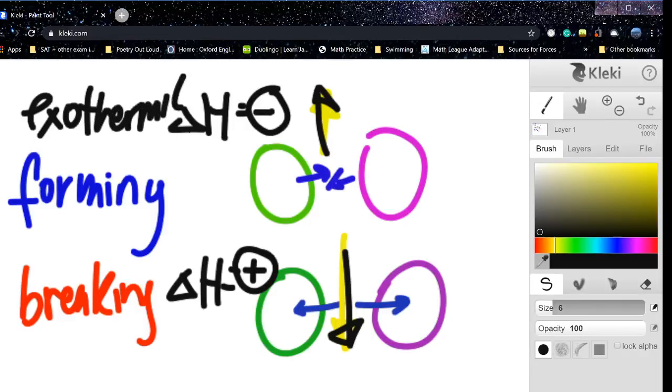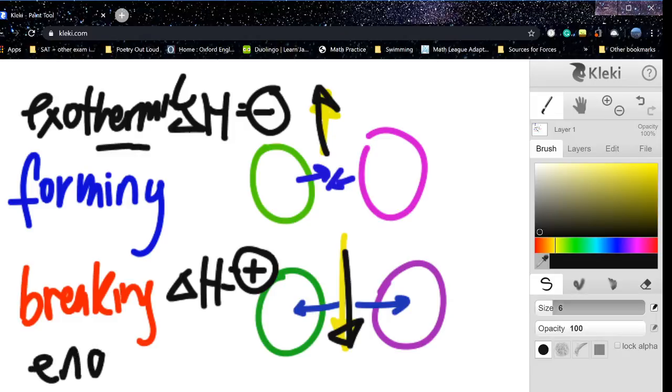Okay. So therm is sort of like a root, or you've heard therm in thermal, which you usually associate with heat, and exo is sort of like going out.